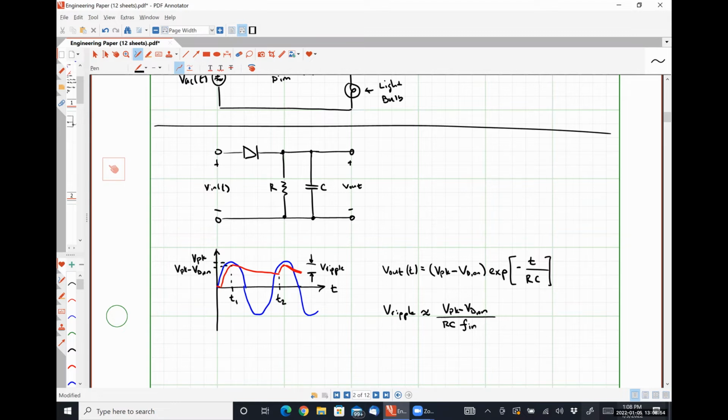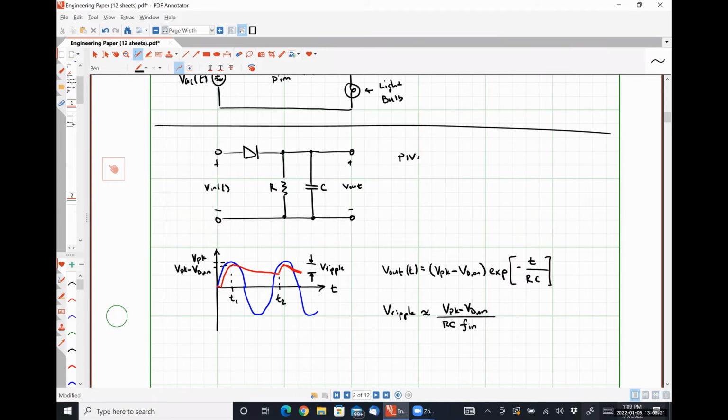What do you think our peak inverse voltage will be here? Let me write it up here. It's going to be hard to get an exact value, right? But we can get something fairly approximate. So let's say that our ripple is really small.